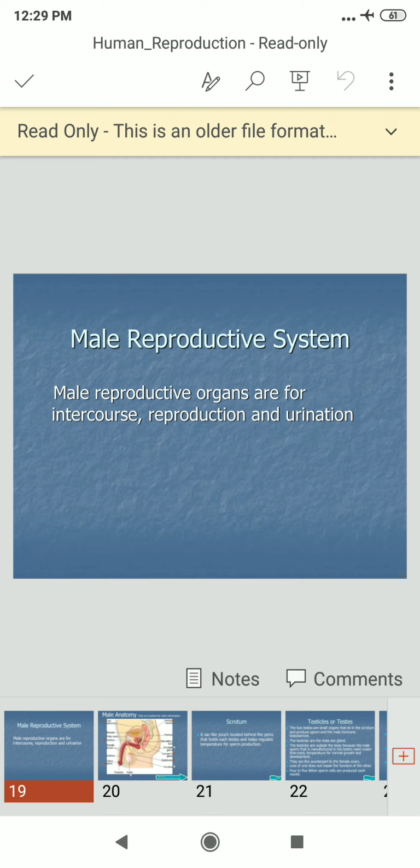The oval testes are situated within the abdominal cavity prior to birth, but descend outside the abdominal cavity through the inguinal canal into a pouch of skin or sac called the scrotum.